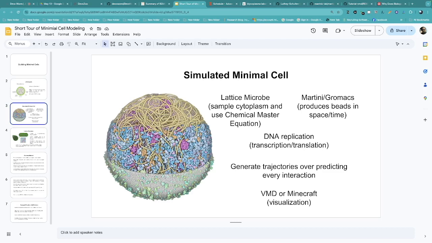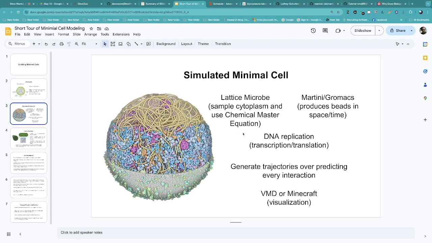You look at the metabolism, and you use a chemical master equation to estimate what the inside of the cell is at any time. And so you can build these models from the sampling, kind of what the constituents are of DNA and RNA and protein, and you can do these different estimates.